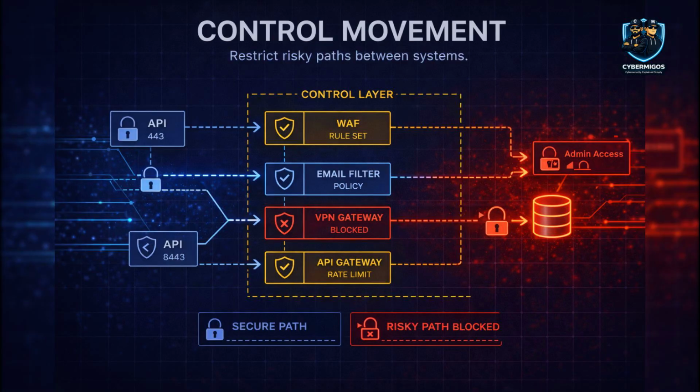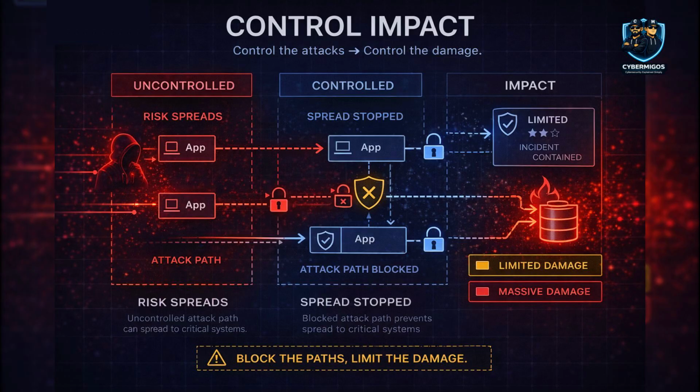Second, limit movement. Segmentation, least privilege, and isolation. Even if something gets in, it shouldn't be able to go far. And third, limit impact. Protect data, monitor access, and detect abnormal behavior. Because even if something reaches a system, the damage should be contained.